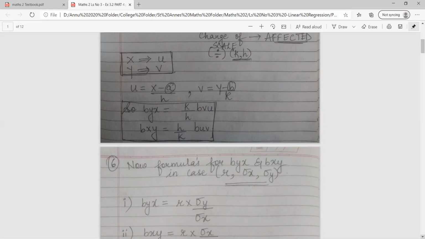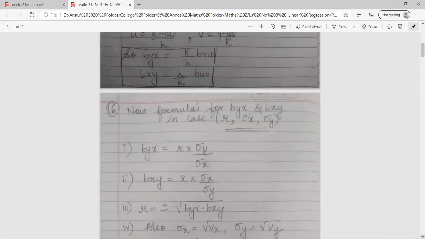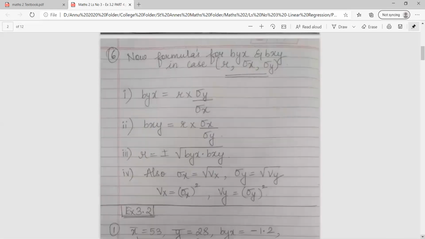I know half of the things have gone over your heads, but no issues, don't worry. When we'll be doing the sums, then you'll follow the context. Just keep in mind the properties which I'm teaching you right now, because the sums in the next exercise that we are going to start today will be based on them.